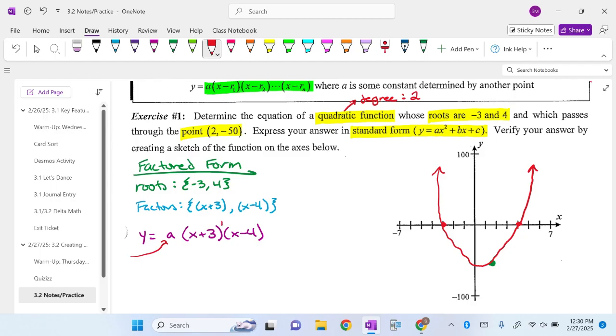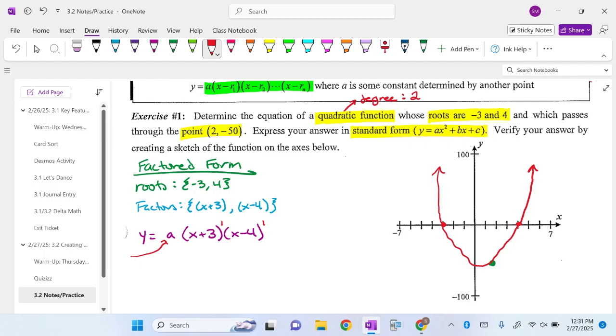So this is currently an exponent of 1, this is an exponent of 1. Yes, no? So Jasmine says yes. Anyone else agree with her? So if we add up the exponents, we get what? 2. 1 plus 1 is 2. So we meet the requirements. We got a degree of 2.